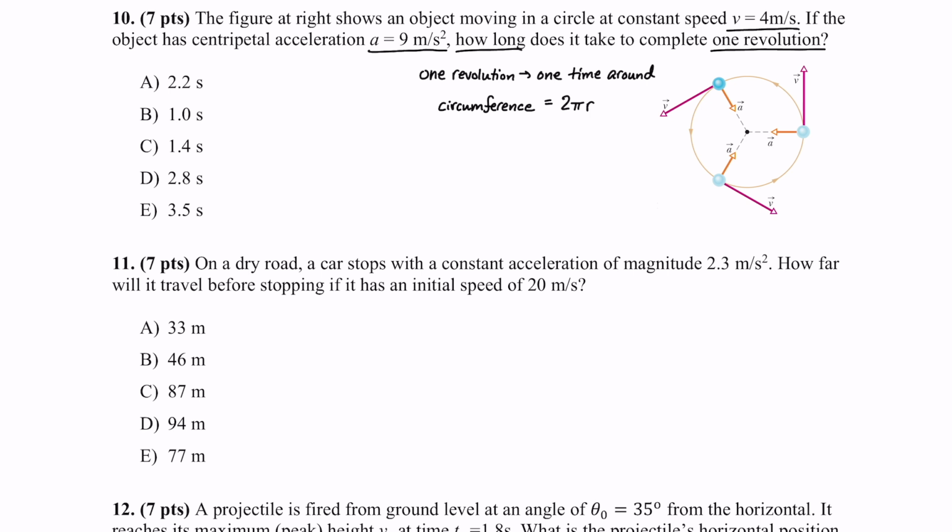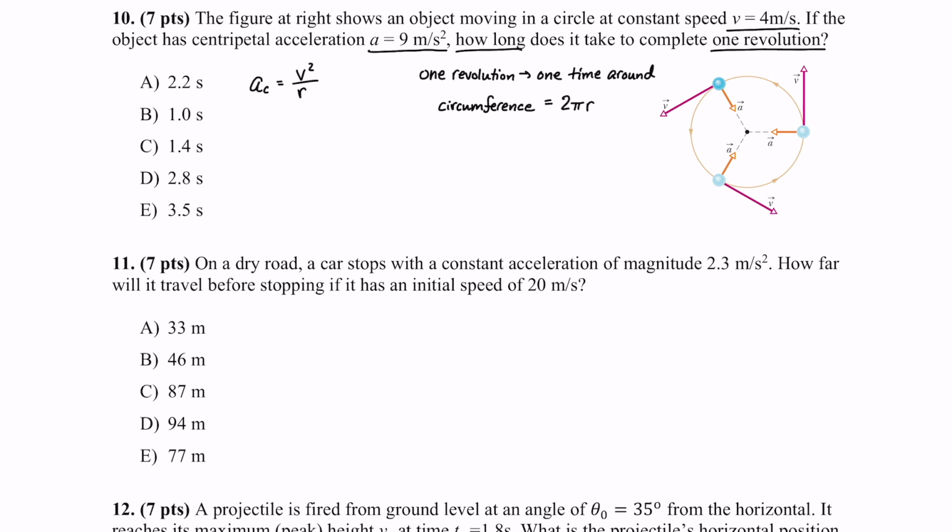We're also told information about the acceleration and speed of our object. Because our object is moving in uniform circular motion, we have an equation for the acceleration. The centripetal acceleration is equal to speed squared divided by radius.